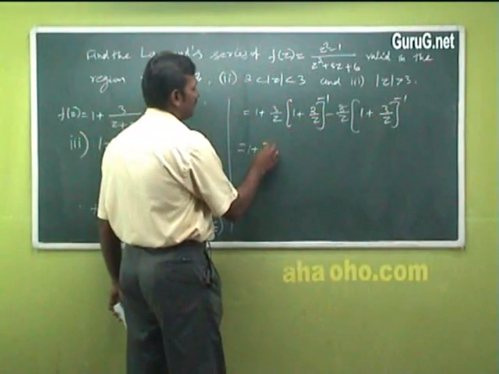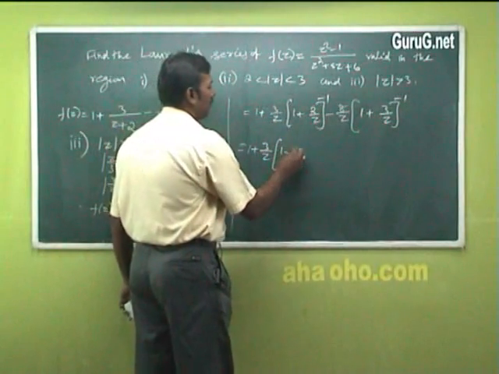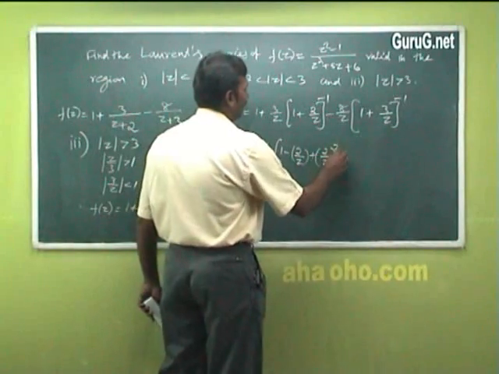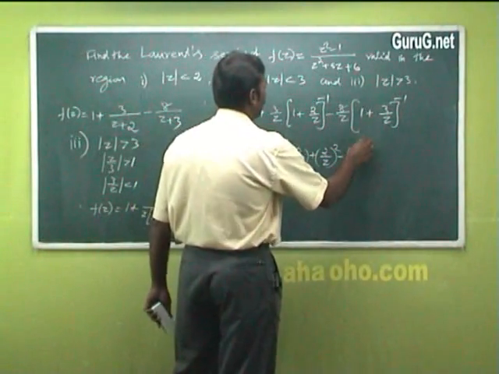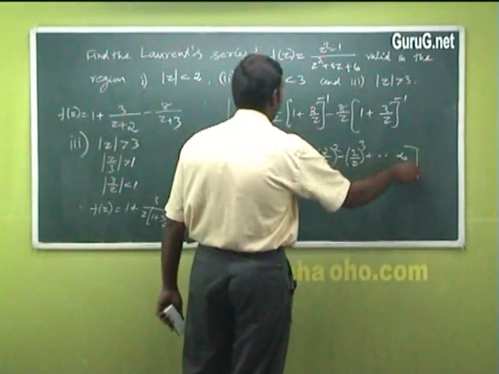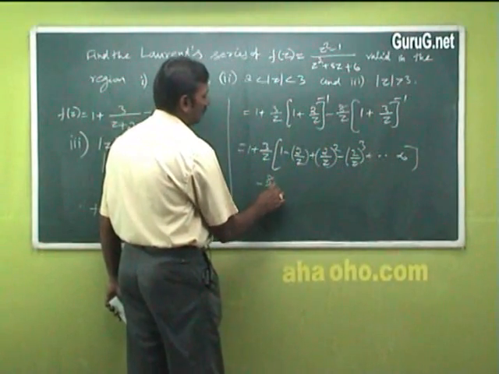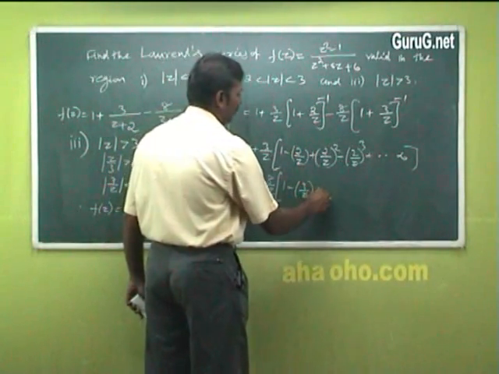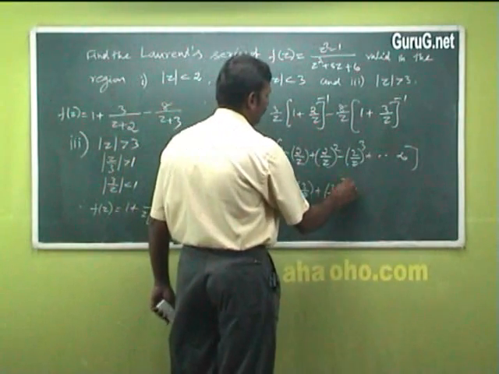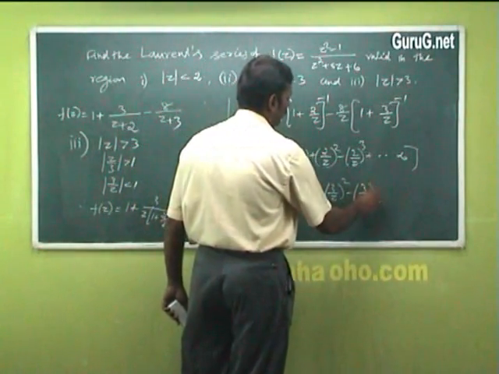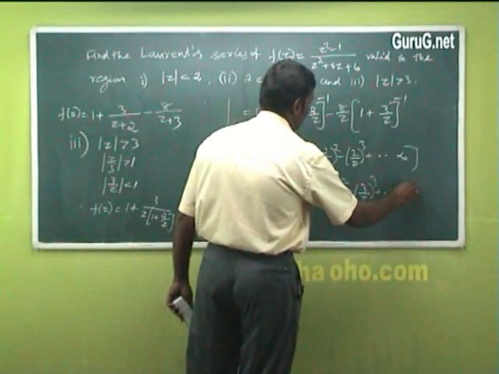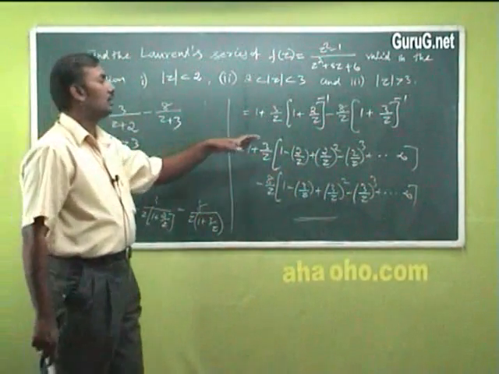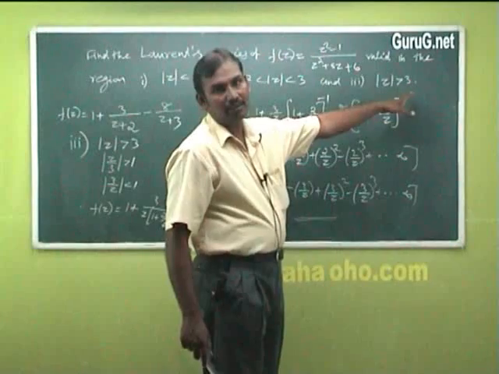So 1 plus 3 by z, can expand it, so 1 minus 2 by z plus 2 by z the whole square minus 2 by z the whole cube plus etc. to infinity, minus 8 by z into, you expand it, so 1 minus 3 by z plus 3 by z the whole square minus 3 by z the whole cube plus etc. to infinity. So this is a Laurent series of this function about this region, modulus of z is greater than 3.